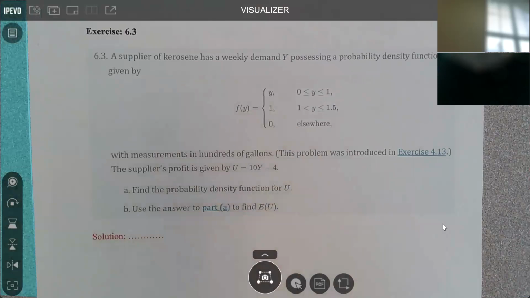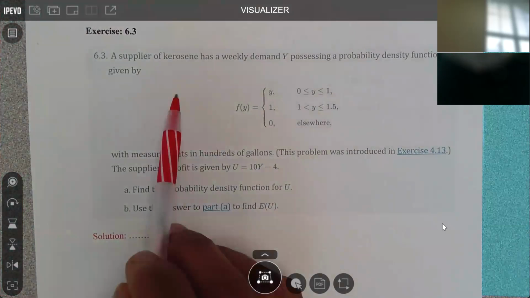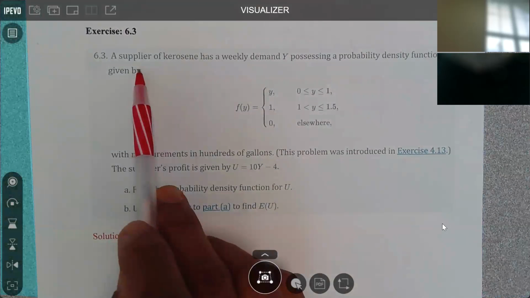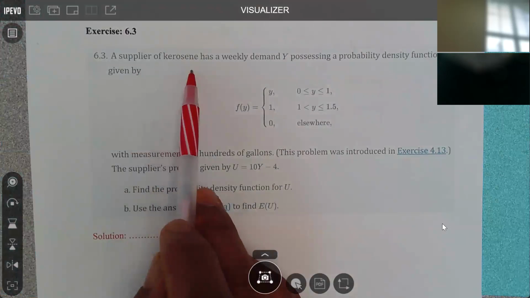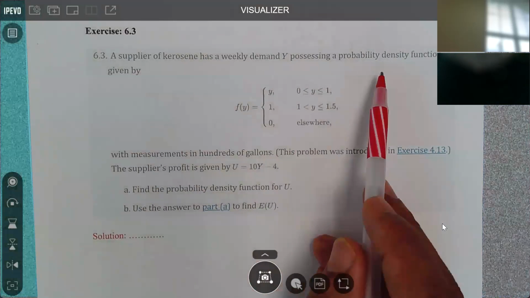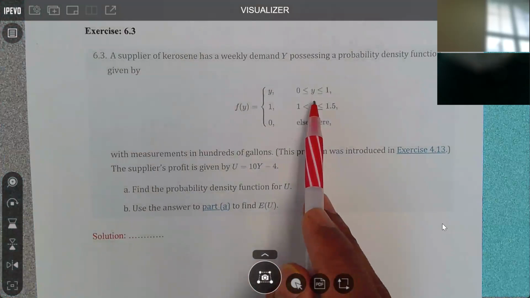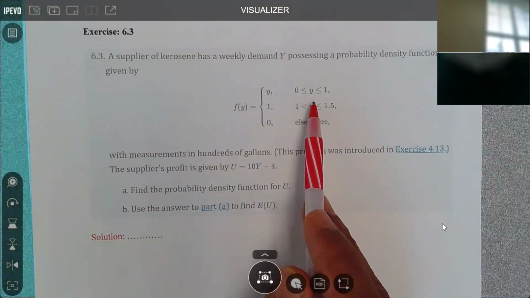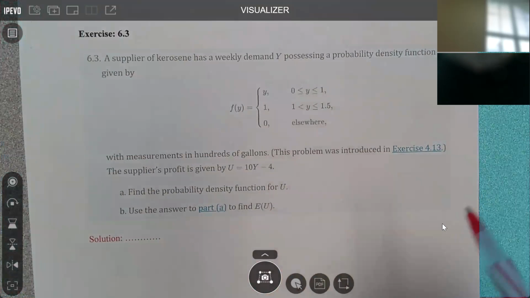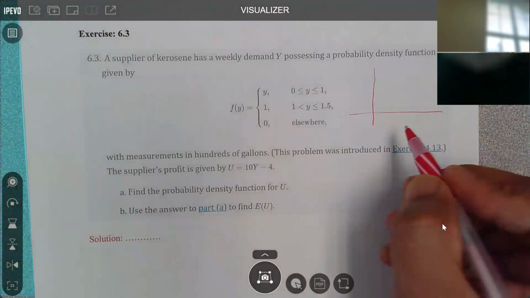It's from the book. Okay. Now, a supplier of kerosene has a weekly demand of Y, possessing the probability density function. Now, this is a probability density function here. It is piecewise here, right? Piecewise.